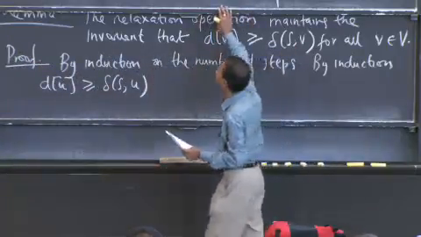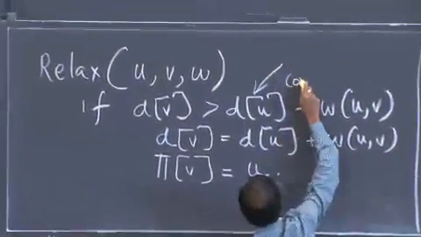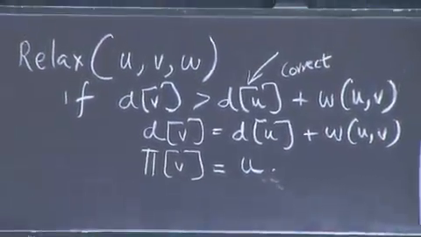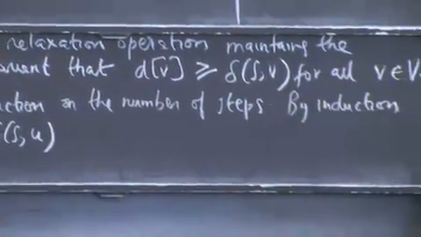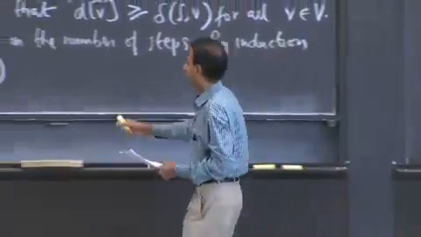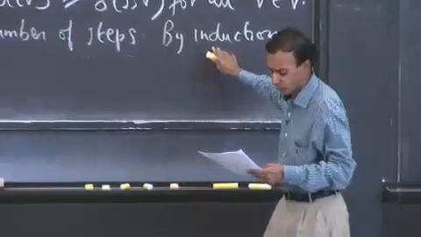So it's like a base case is that this is correct, and now we want to show that the relaxation operation doesn't make d of v incorrect. And so that's the inductive hypothesis.